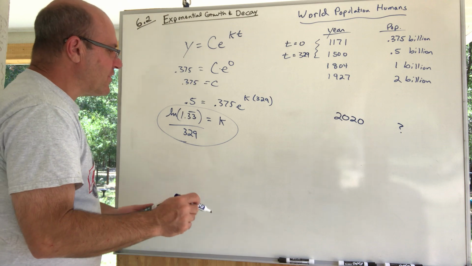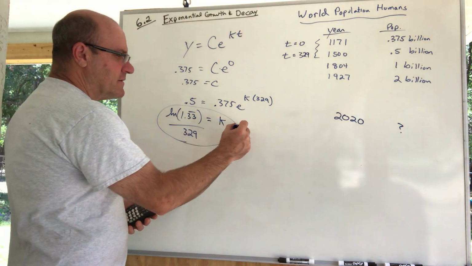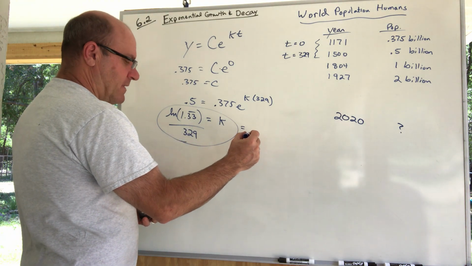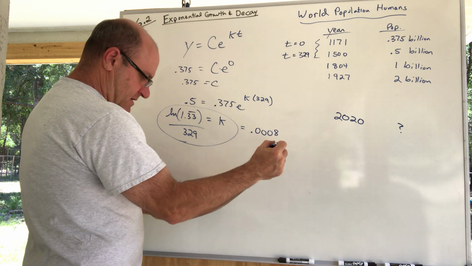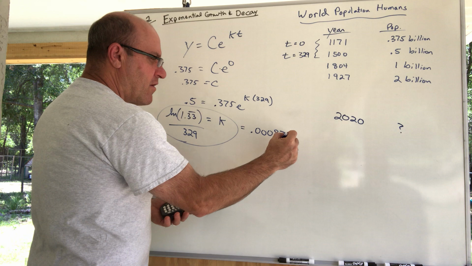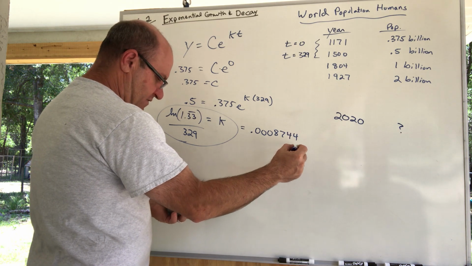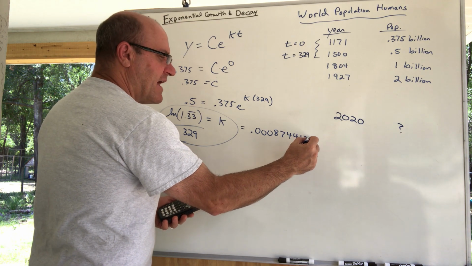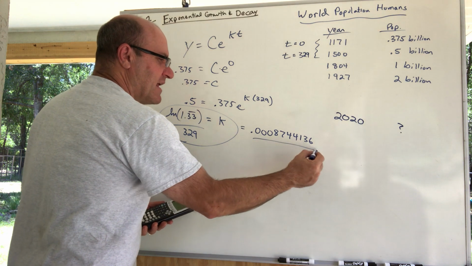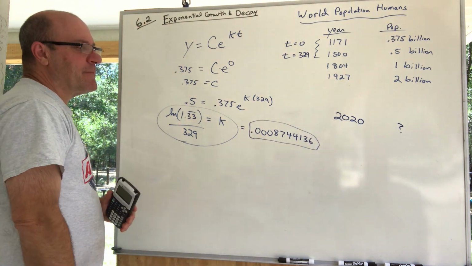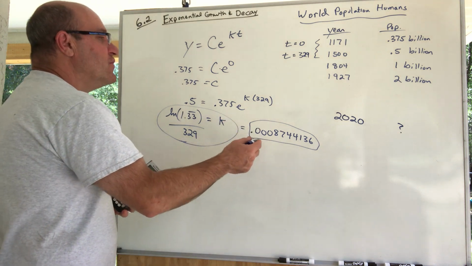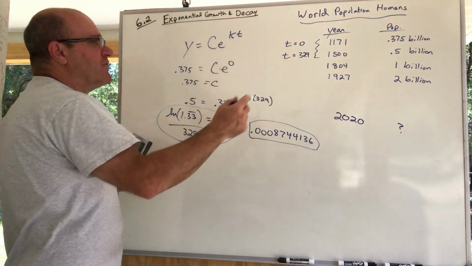And I get this value of k. K is 0.008744136. I rounded that just a little. I told you not to round it, but I just barely rounded it way out there. Yeah, that's my k, and now I have the model to predict the future.